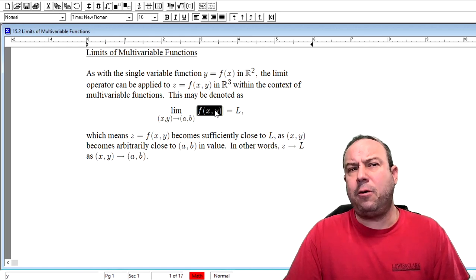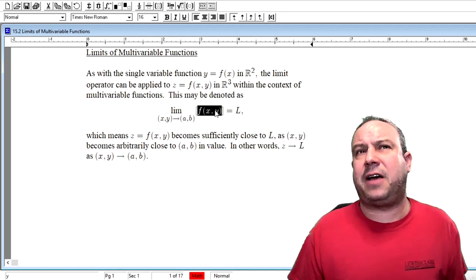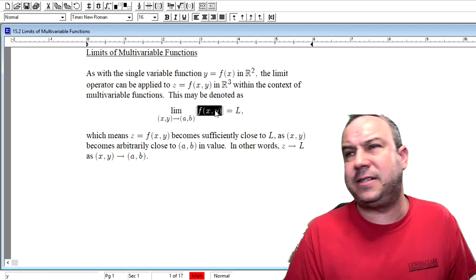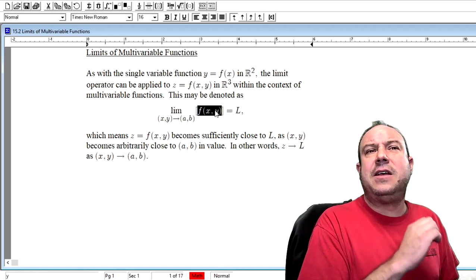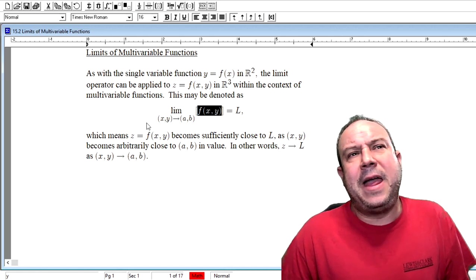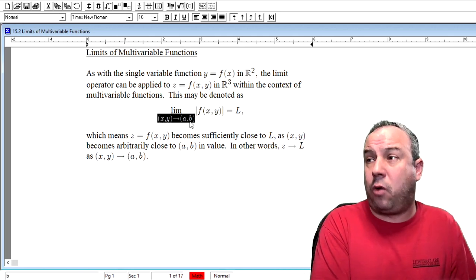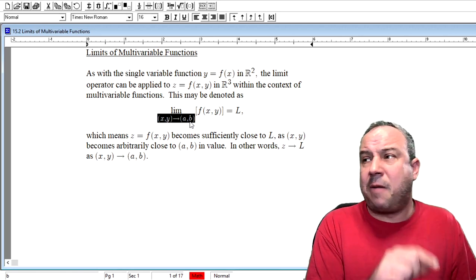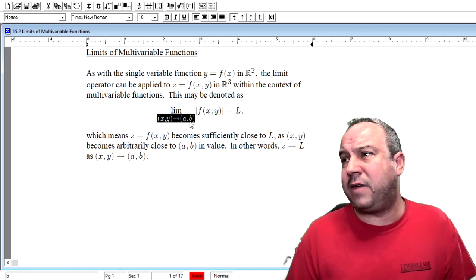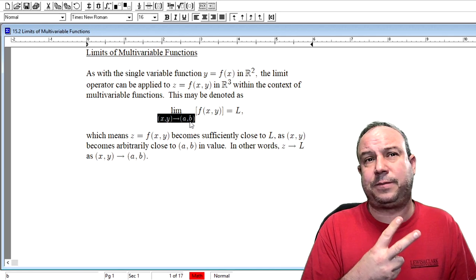Our output, which is just a single value that exists in one-dimensional space, is going to behave a certain way as the independent values x comma y approach a particular value of a comma b in 2 dimensions.